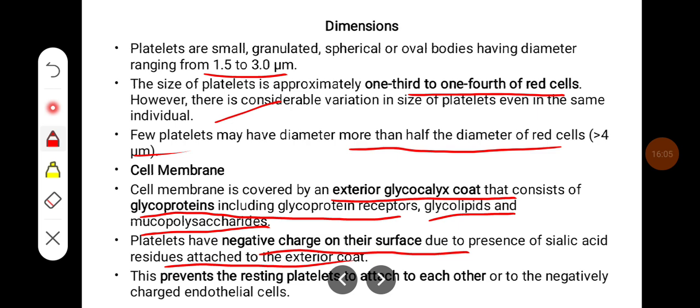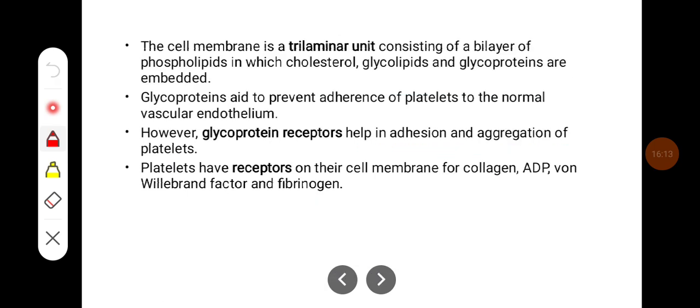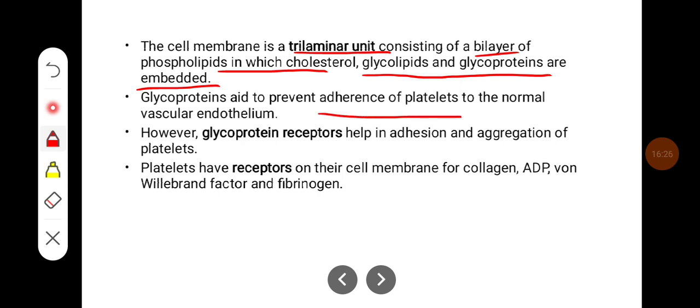So this prevents resting platelets from attaching to each other or to negatively charged endothelial cells. The cell membranes are a trilamellar unit consisting of a bilayer of phospholipids in which cholesterol, glycolipids, and glycoproteins are embedded. Glycoproteins help prevent adherence of platelets to the normal vascular endothelium.